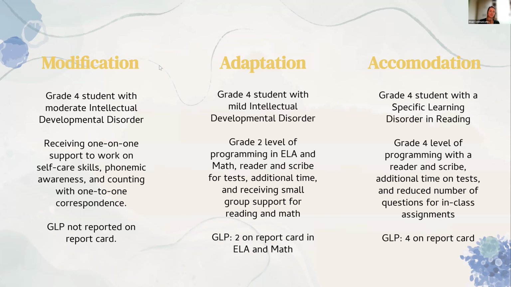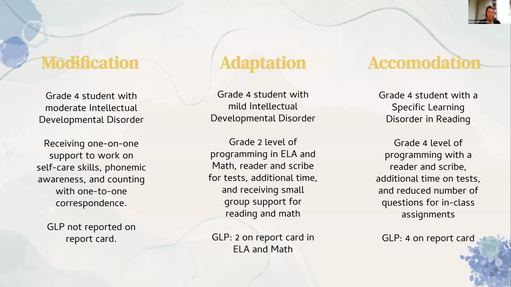So an example of modification would be a grade 4 student with a moderate intellectual developmental disorder who's receiving one-on-one support to work on self-care skills or phonemic awareness, as well as counting with one-to-one correspondence. So this is a student you can see would be significantly behind what a grade 4 student would typically be. So the grade level of programming there would not be reported on the report card.